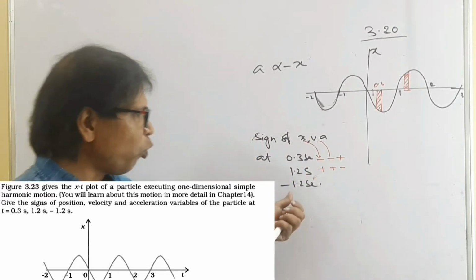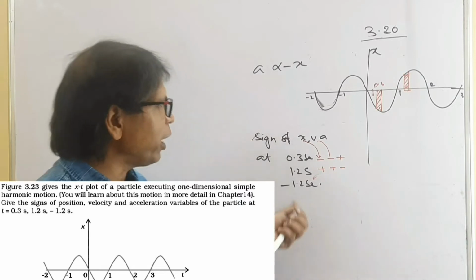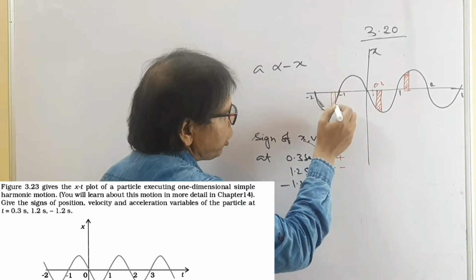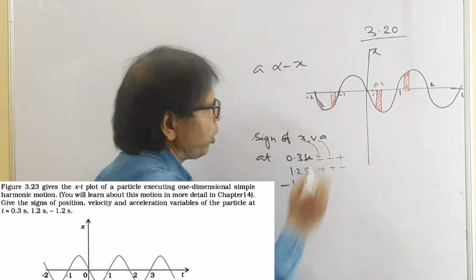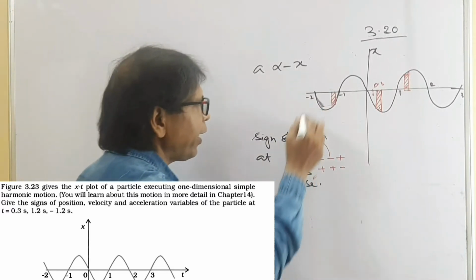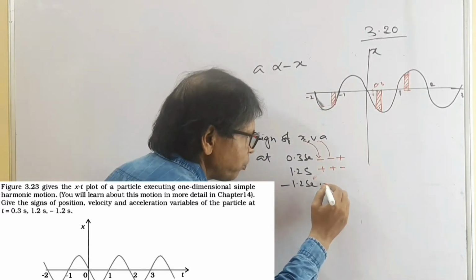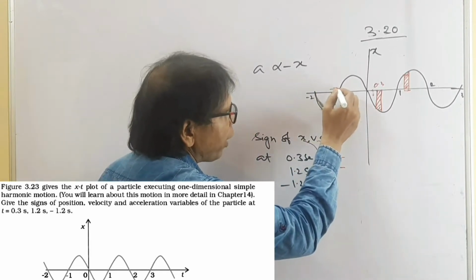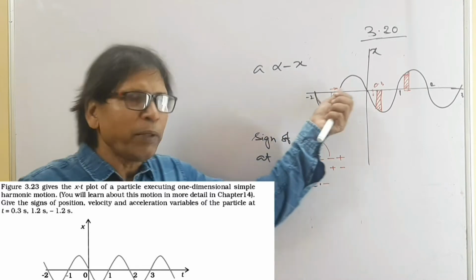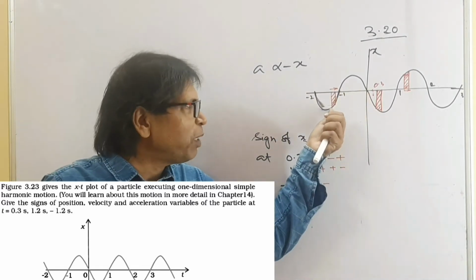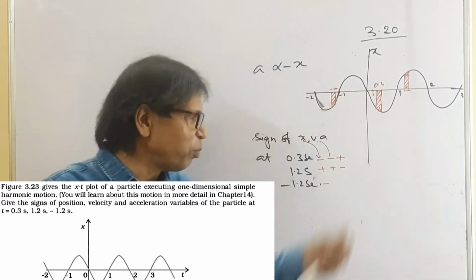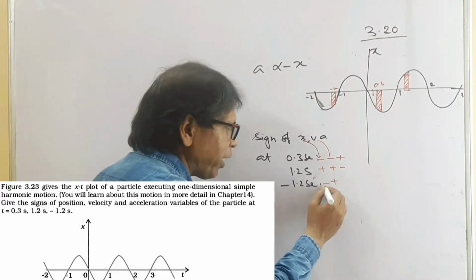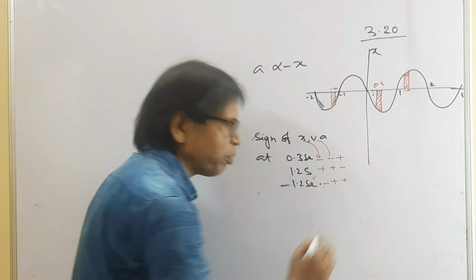Okay, now minus 1.2 second, somewhere around this position. Here x is negative. Now velocity: if we move from here, time increases and displacement also increases, so velocity is positive, and as displacement is negative, acceleration is positive.